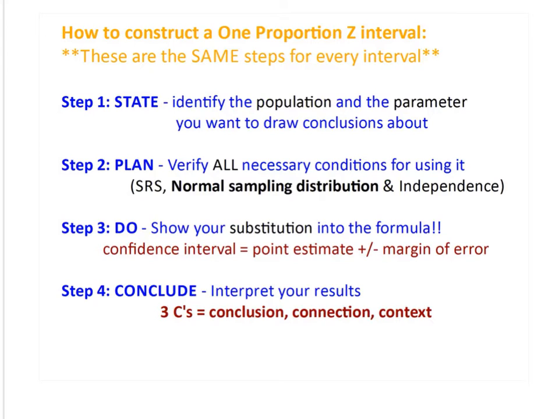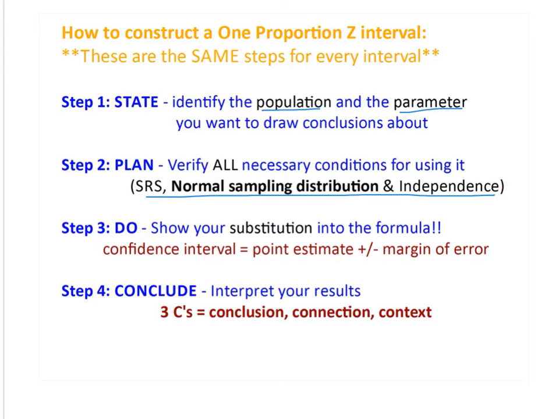So make sure you write these down, and we're going to go through them one by one in context of this problem. So state, identify the population and the parameter, which we've been doing in our do nows and in class. Step 2 is to state all the conditions. So we have to state those 3 and verify that they're met.